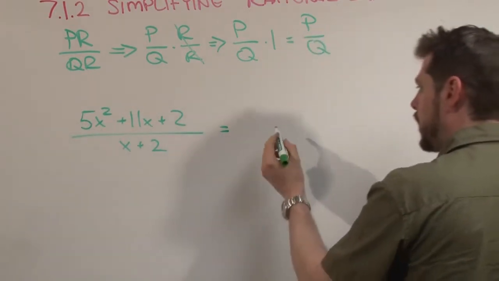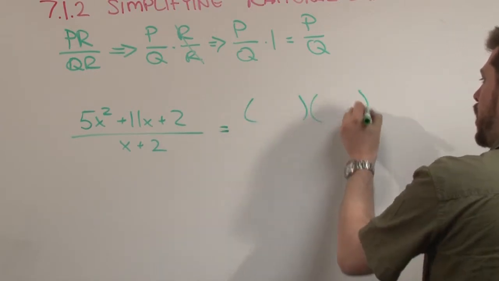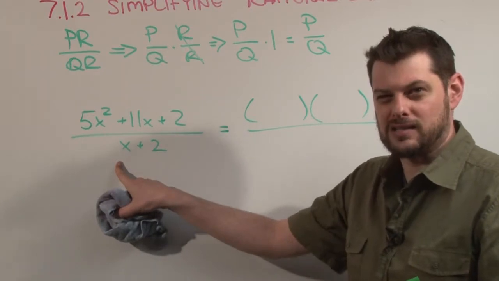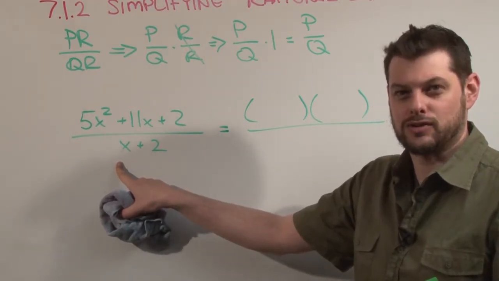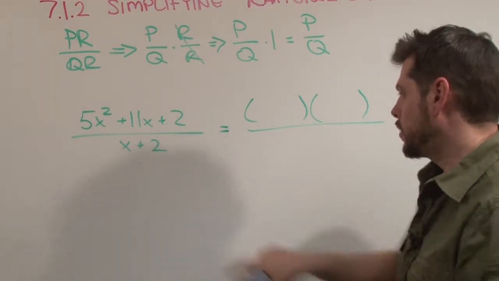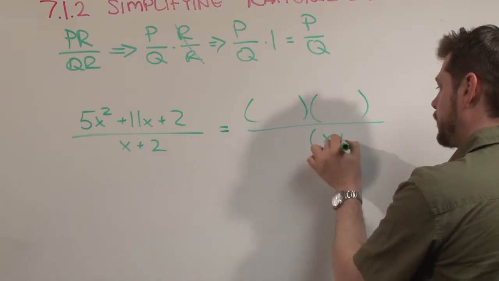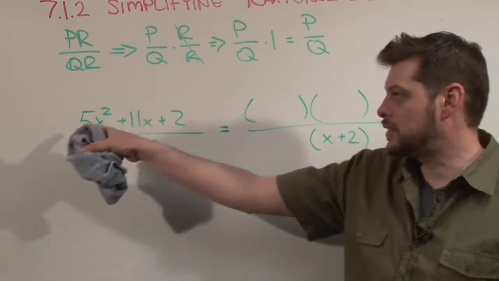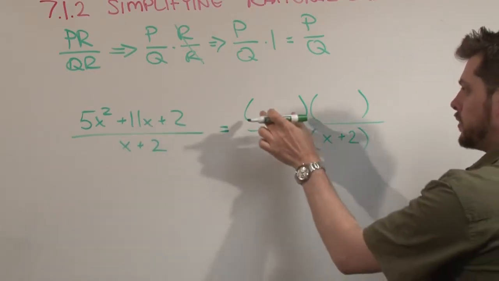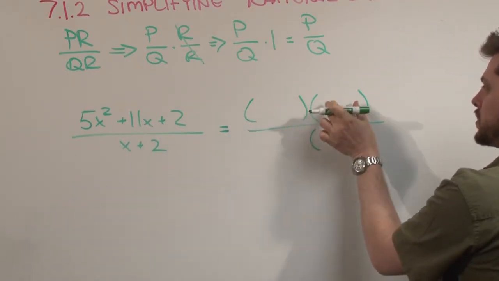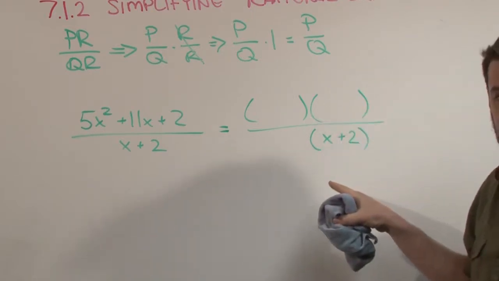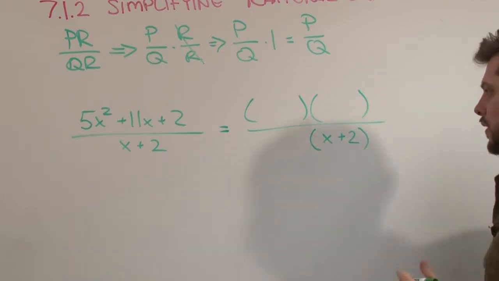But we're going to write it as a product term, right? That's what we're looking for. And we can also guess, since this is a math exercise, that one of our product terms is going to be x plus 2. If we can find a way to rewrite this as a product of some term times some other term, where it's x plus 2, then we know we can get these things to cancel, and we've simplified it.